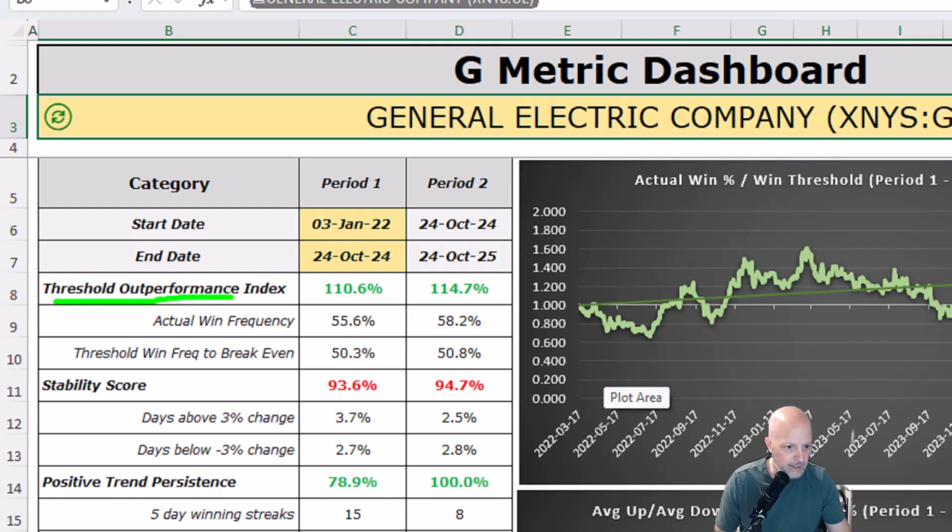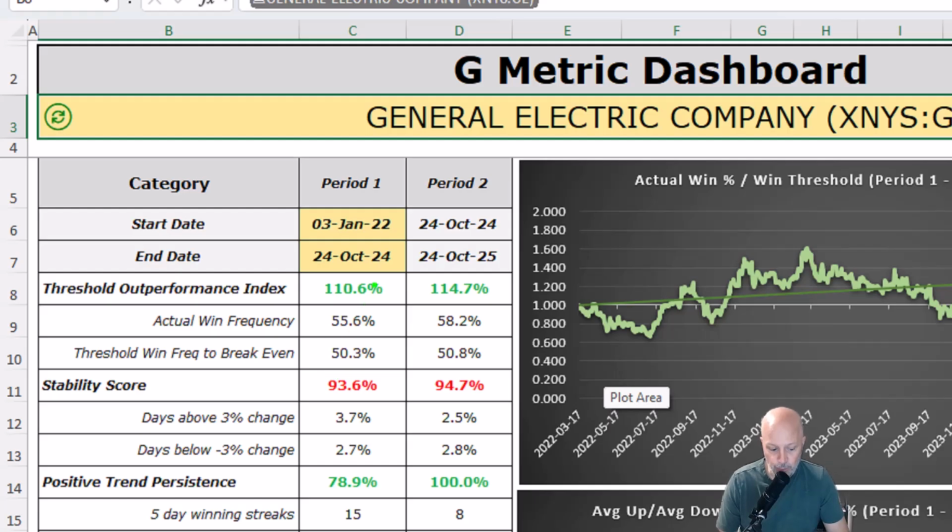Now the first thing we're going to look at here is the threshold outperformance index. This is one of the unique stats that I've created that you won't find anywhere else, or I haven't seen it anywhere else. It uses a couple of pieces of information to create a really useful analytic. Over this entire period, period 1, you can get an average up when the stock goes up and an average down when the stock goes down.